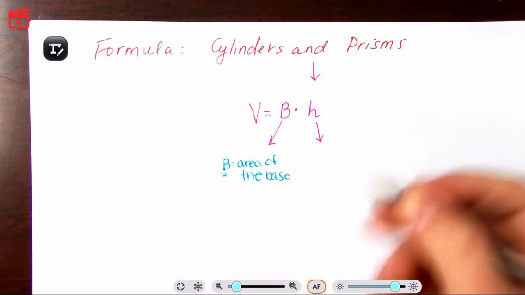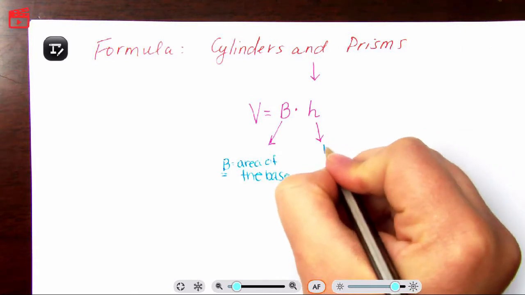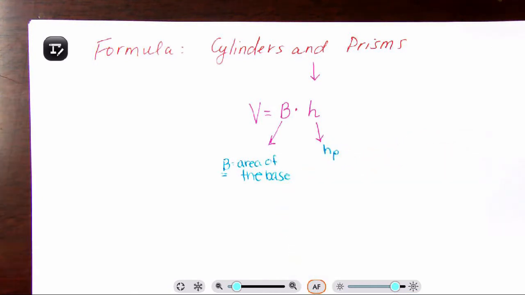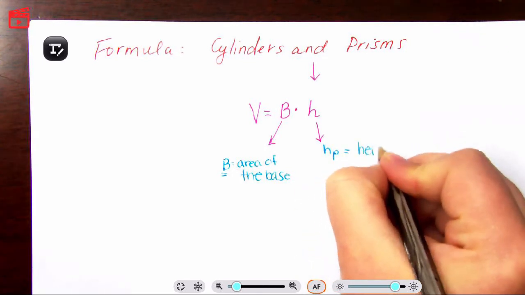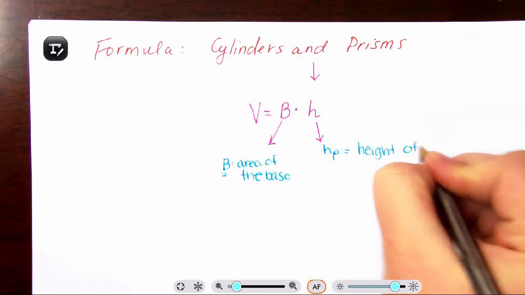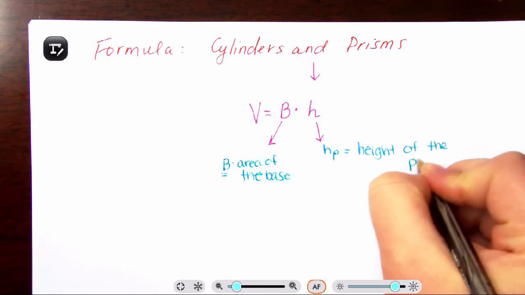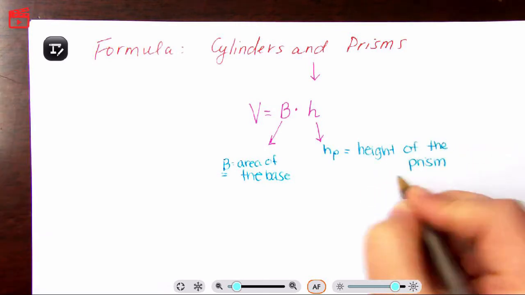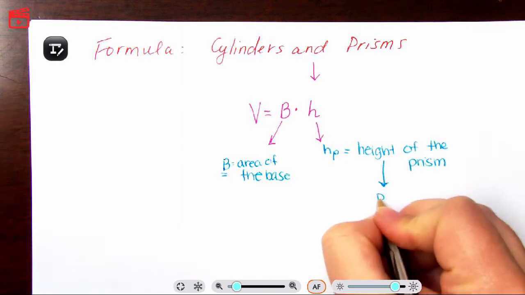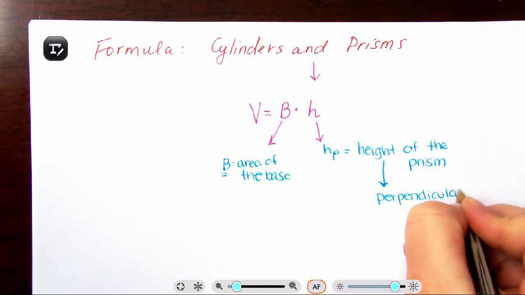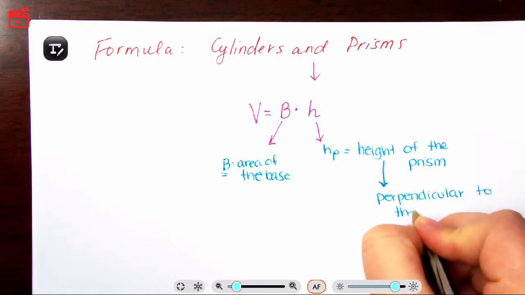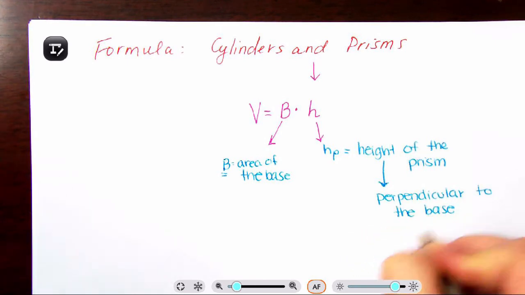And this H right here, sometimes you'll see it as H with a little subscript P. That means the height of the prism. The height of the prism must be perpendicular to the base, not slanted.